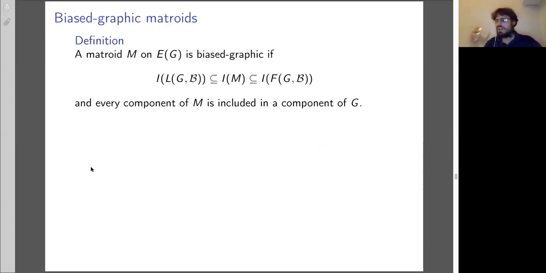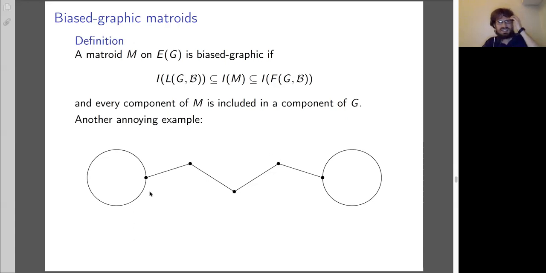Now, you might worry that this condition here is not strong enough, that we could get some other kind of annoying examples. If we think about what's happening in this graph, it doesn't look great. This is a graph which consists of just 2 loops and then a path going between them.